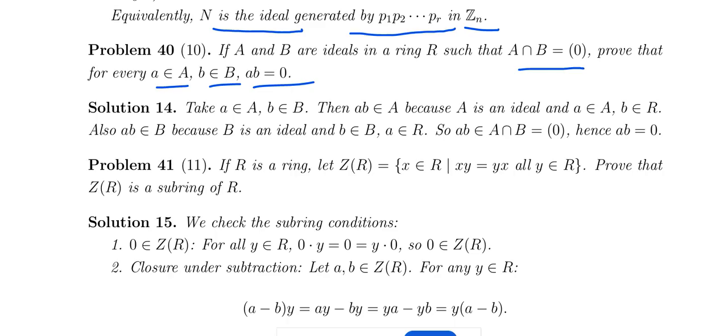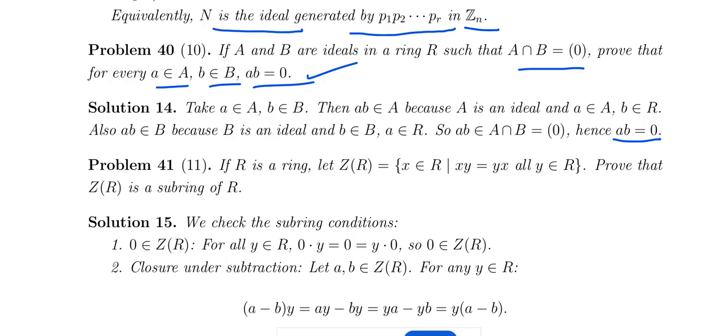So ab belongs to A because A is an ideal, a belongs to A and b belongs to R. And ab belongs to B because B is an ideal, b belongs to B and a belongs to R. So ab is in the intersection, that is equal to 0. That is ab equals 0. This is the proof.